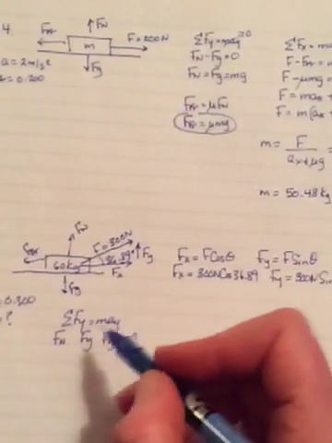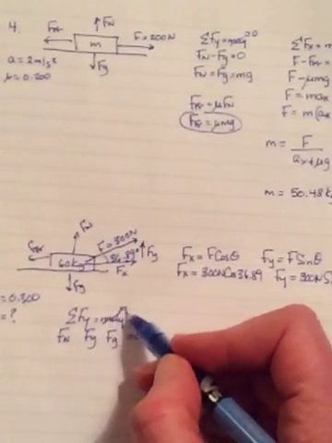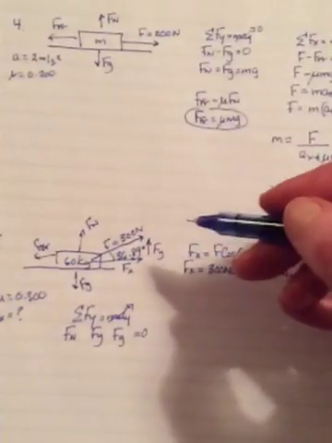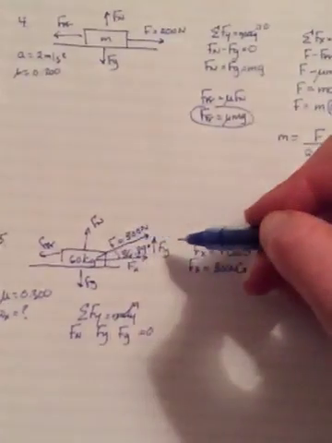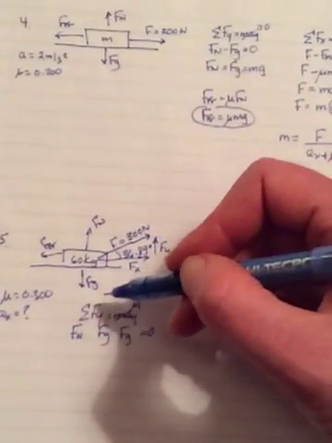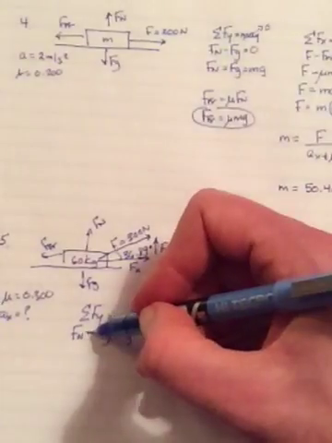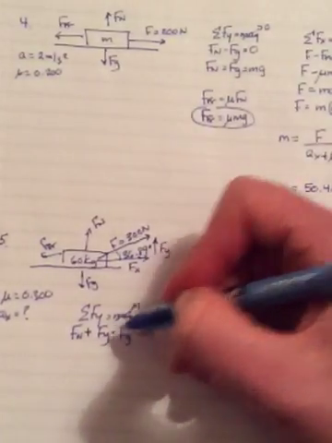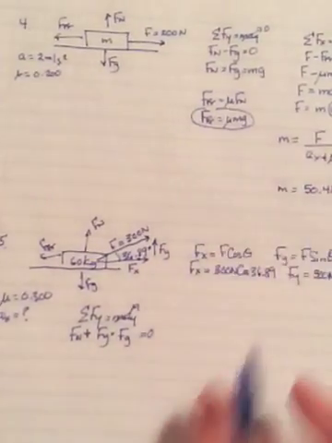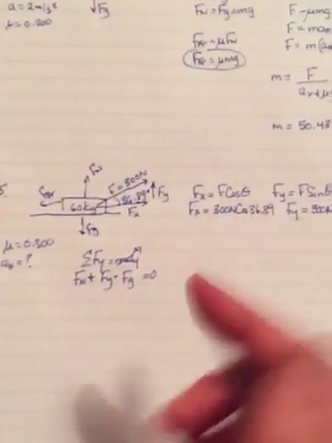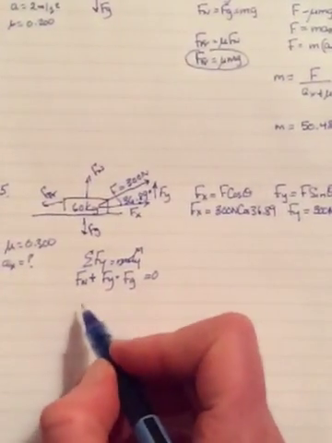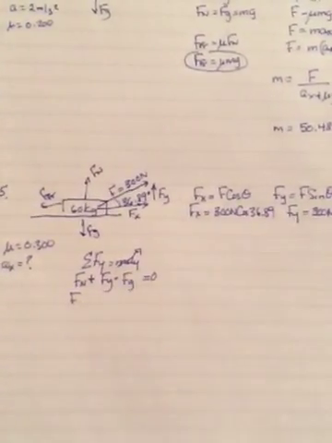And they still have to add together to give you 0, because this toboggan isn't floating up into the air or sinking through the ground. Fn's going up, Fy's going up, Fg's going down. So it's going to be positive, positive, negative, and always in the y direction, you're trying to solve for Fn. So take the other two terms over.